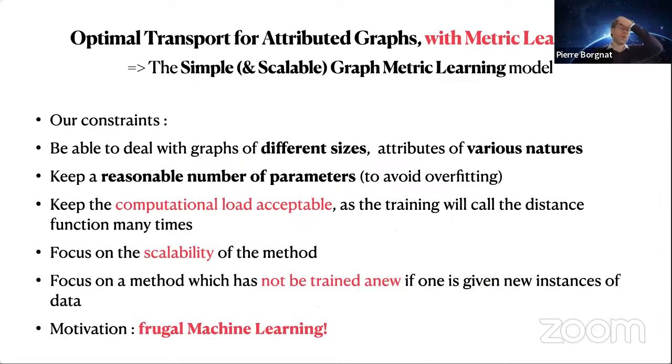So we have 3 steps, but globally, this idea of doing metric learning for attributed graphs is really to have a simple and scalable model, really in the sense of frugal machine learning, even though it's hard to say that it's frugal when you are training a distance. But anyway, we want to keep the computational load acceptable, the number of parameters acceptable, and the scalability of the type of optimal transport that we use acceptable.